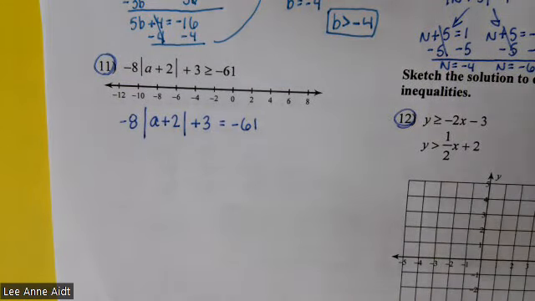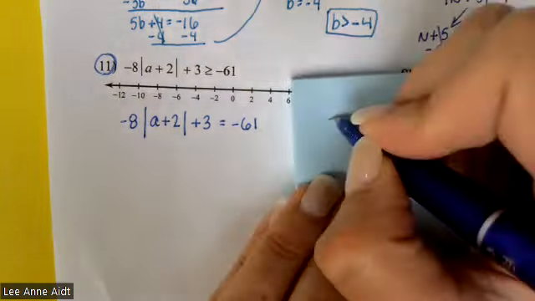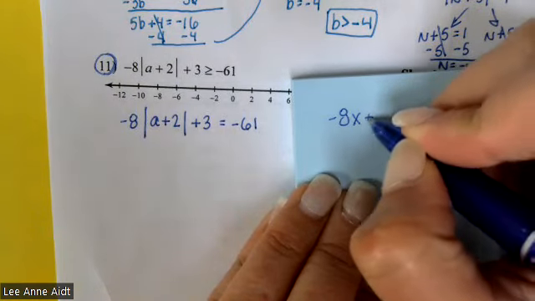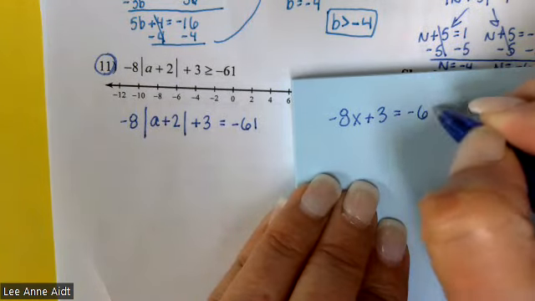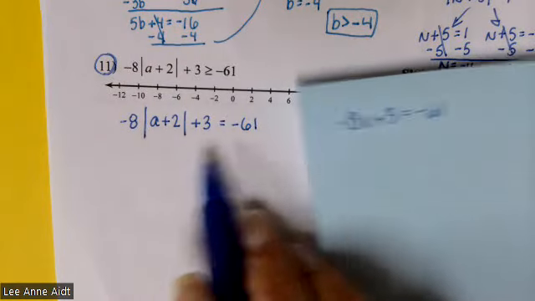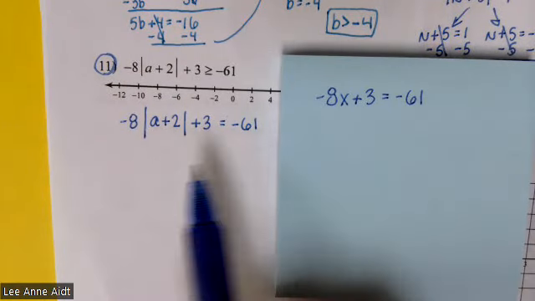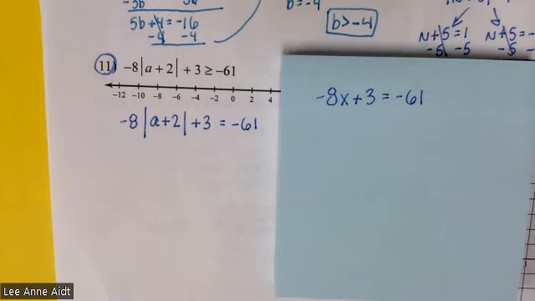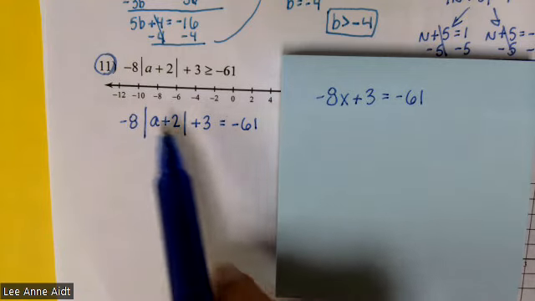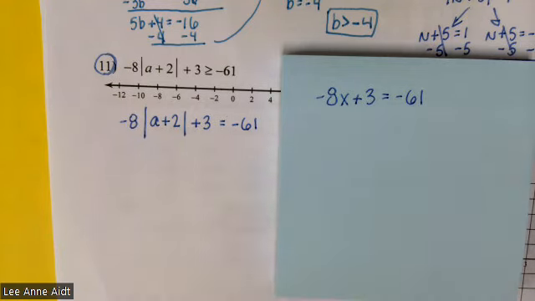Okay, now before we start this problem, I want to pretend instead that I have this problem. Do you see how this problem and this problem are very similar? I just took out this business here and put an X. On the Post-it note problem, what would I do first? -3.